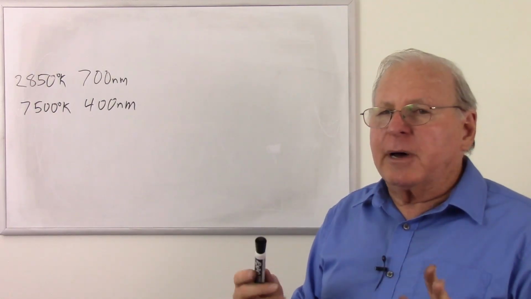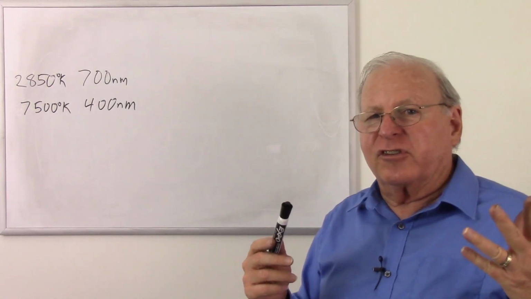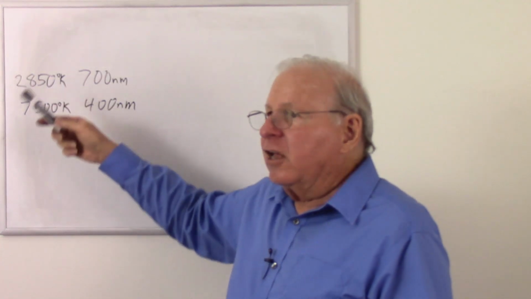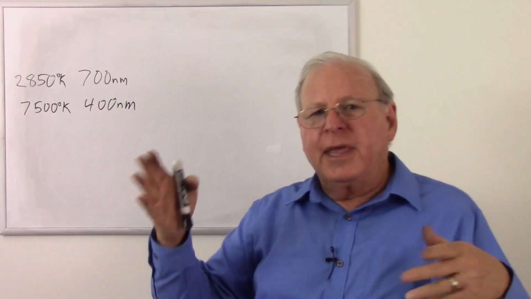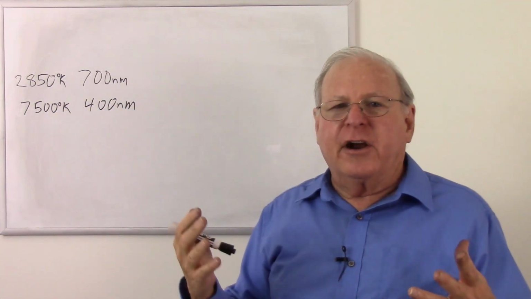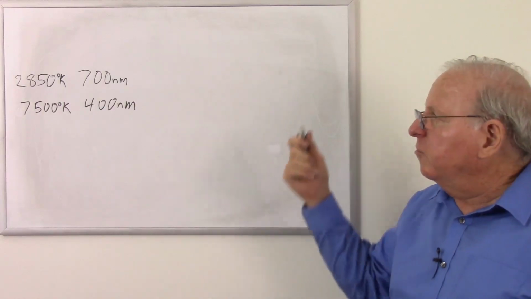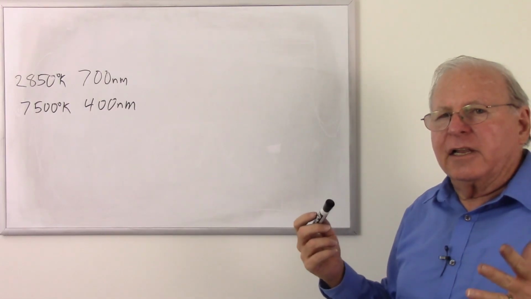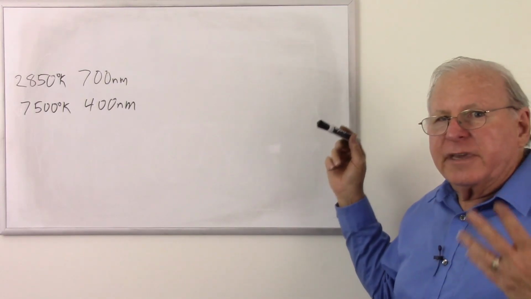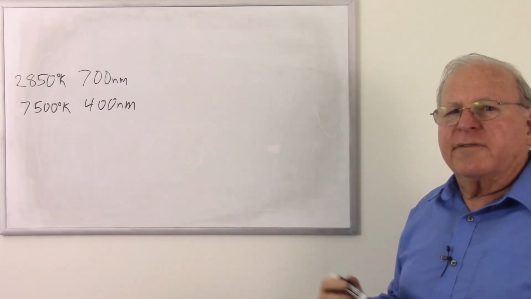And this is why when we talk about broad spectrum light sources such as the sun, but especially incandescent lights, we talk about degrees Kelvin, because it's a broad spectrum and it peaks at a particular temperature. And each one of these will have a different character. I don't know the numbers off the top of my head, but I'll move over so I can put them here. If you look at LED room lights, you'll see that they have different degrees of Kelvin temperatures to tell you what kind of color they will be.